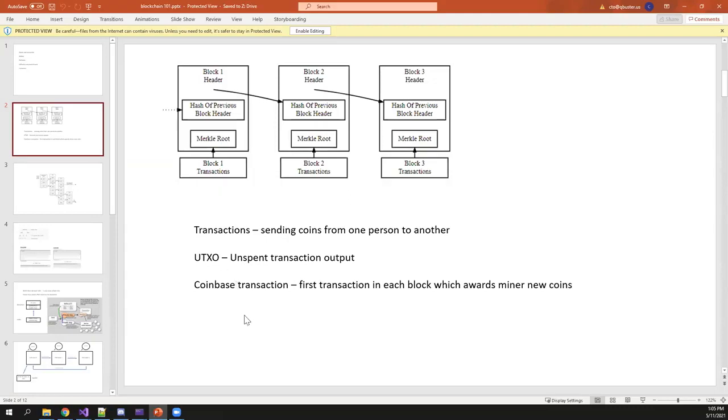And then there's this special kind of transaction that creates coins out of thin air. These are created by the miners, and it's called the Coinbase transaction. Not to be confused with the company Coinbase. They actually named the company after this concept. But you will hear a lot in any blockchain, Coinbase transaction. That means the first transaction in the block, which is awarded to the miner.